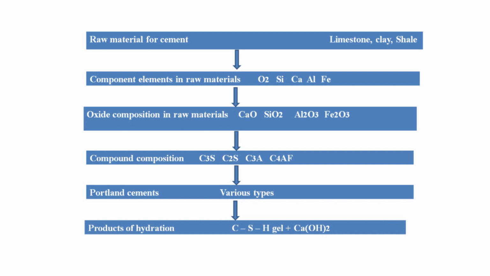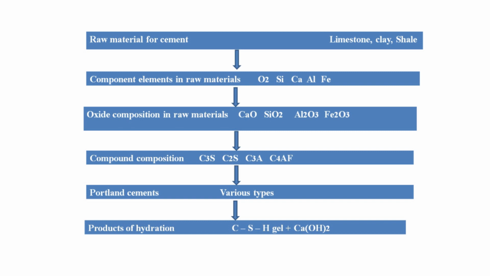In oxide composition, that is when we are quarrying the mineral, we will be getting it in the form of calcium oxide, silica, alumina and ferric oxide.